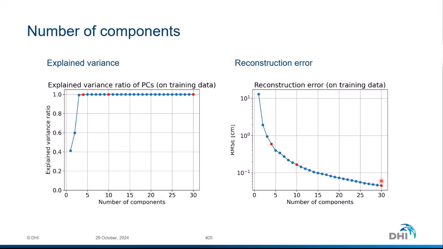Yeah. But of course, it's a prerequisite that you can represent most of the variability of the original system in the latent space. But it's no guarantee by just having enough components that you can actually build a dynamical system, a model representation in the latent space. So, yeah, but good question.